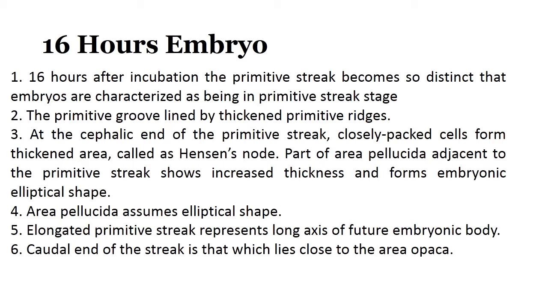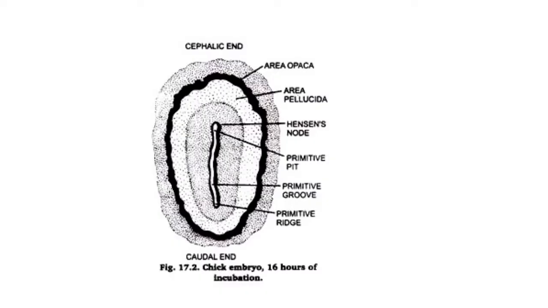The caudal end of the streak is the one that lies close to the area opaca. So this is the structure: you have the caudal end here, the cephalic end here, the area opaca here, the area pellucida is this area, and you have the primitive streak, primitive pit, primitive groove, primitive ridge, Hensen's node.